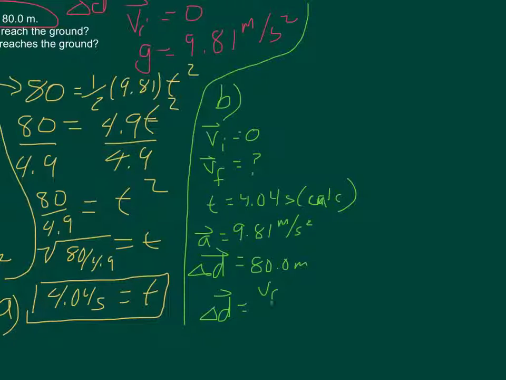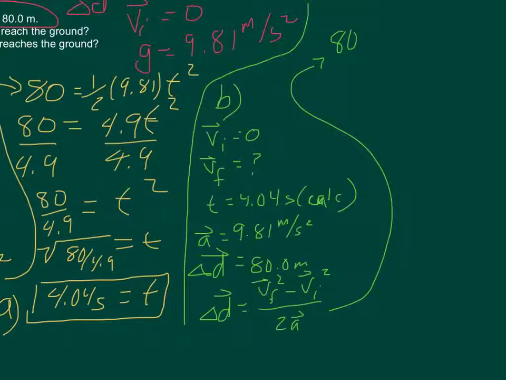So VF squared minus VI squared all over 2A. Let's bring this up here. Fill them in, so I've got D equals VF squared minus 0 squared all over 2 times 9.8.